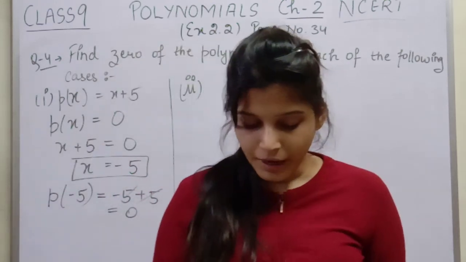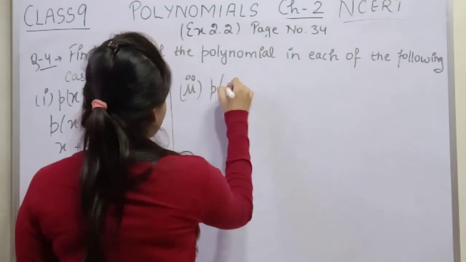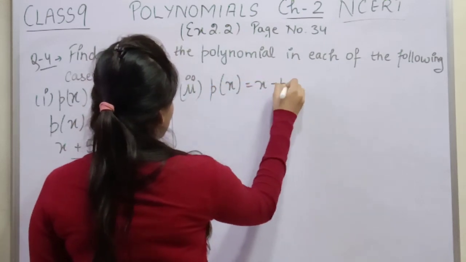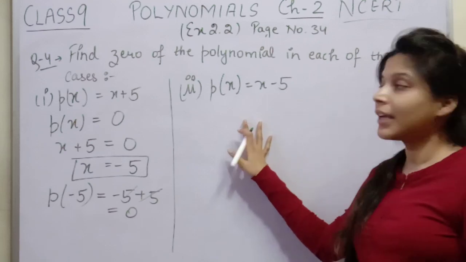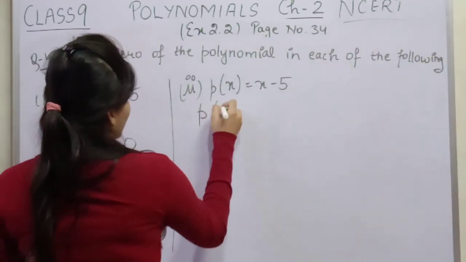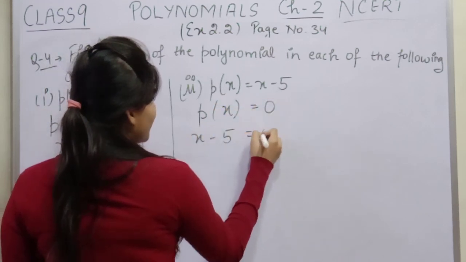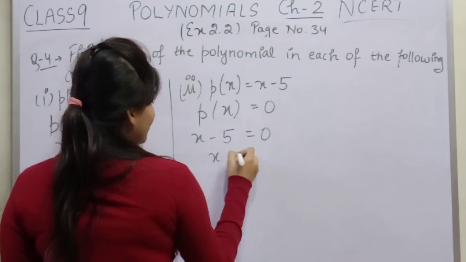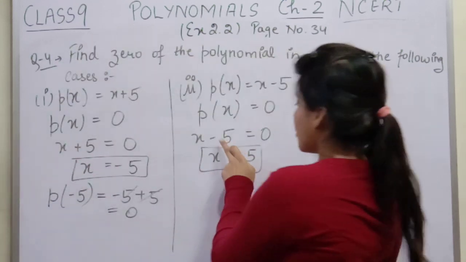Now let's come to part number 2. p(x) equals x minus 5. So now this is the polynomial. Again we will set p(x) equal to 0. So x minus 5 will be equal to 0. From here our value of x will be positive 5, because here it was already -5.